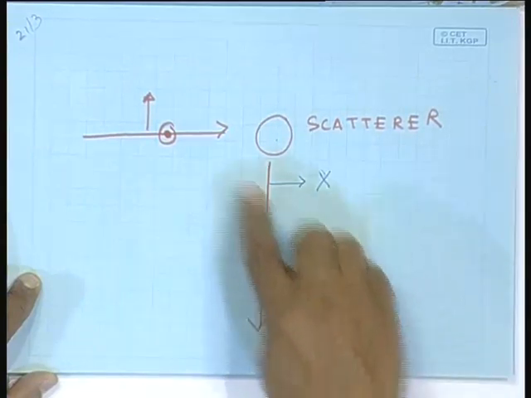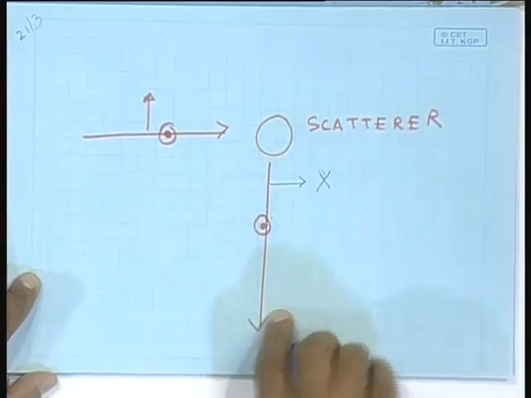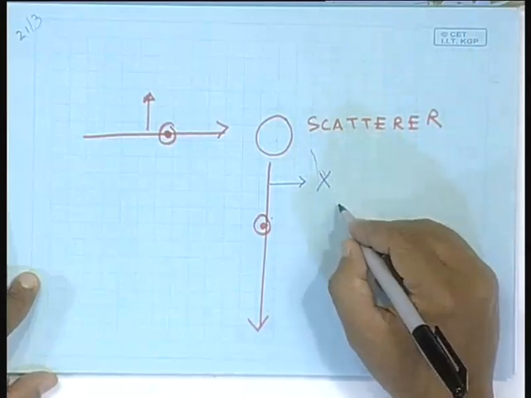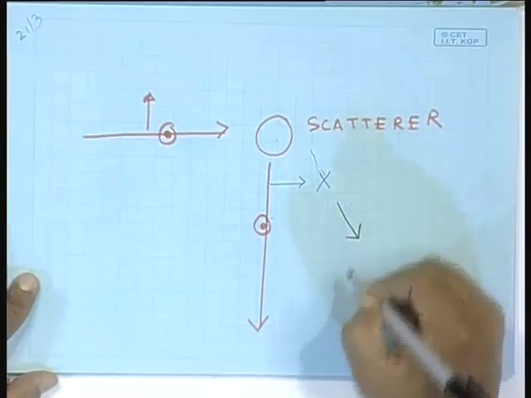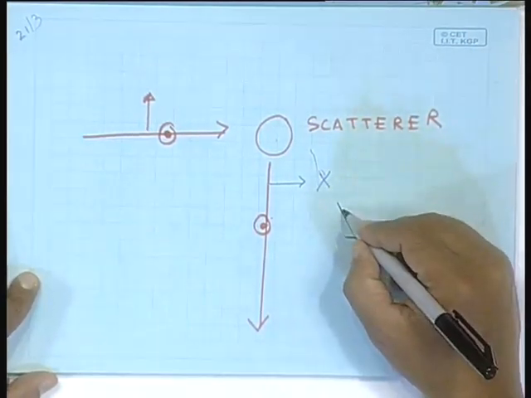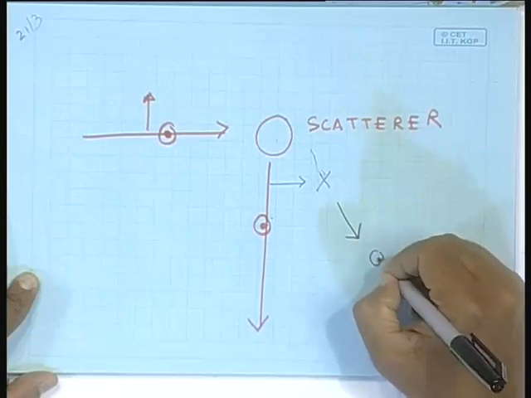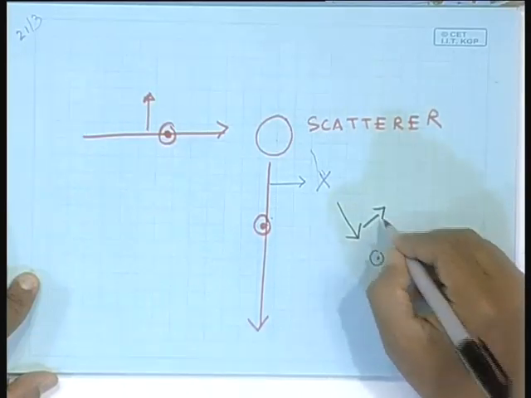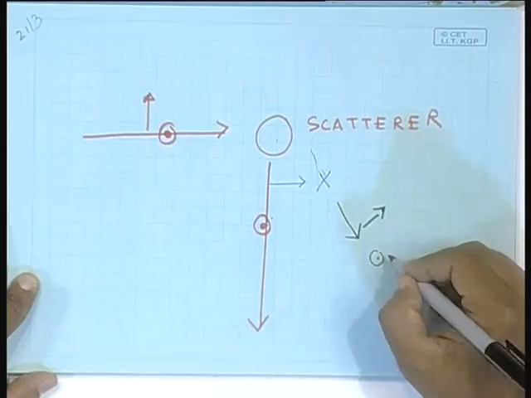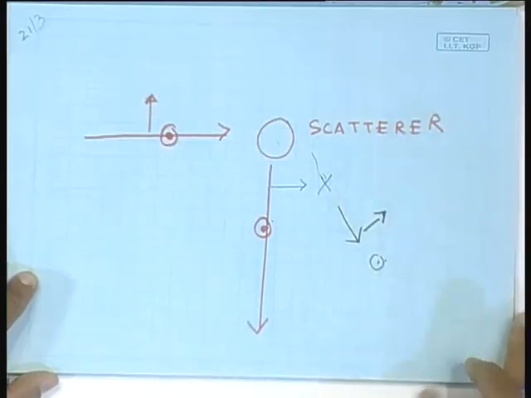The light that comes out in this direction at 90 degrees is going to be totally polarized. At any other direction, the light is going to be partially polarized. It will be some combination of this polarization and this polarization, but this component is going to be less, this component is going to be more. So, it is going to be partially polarized light.